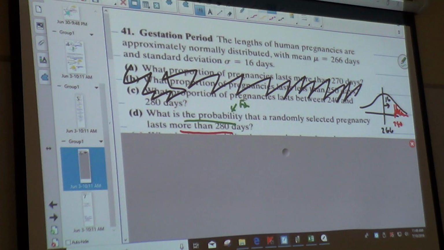That means we're trying to find the shade. So this is what we're looking for. That means we're doing a normal CDF. Where does it begin? 280. Where does it end? 99999. What is my mean? 266. What is my standard deviation?